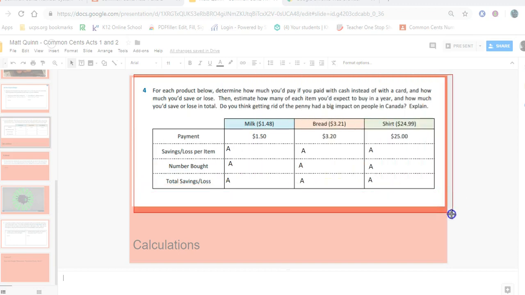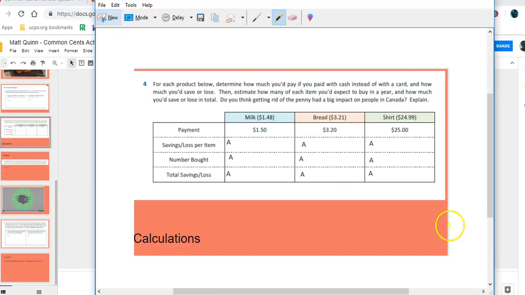Yesterday in class, we talked about these calculations, and we talked about what would happen if we got rid of our nickel, just like they did, our penny, just like they did in Canada. And we made statements like, what if we went into the store and we wanted to buy a half a gallon of milk, and that half a gallon of milk cost $1.48, but we brought cash and we only had $1.50 in our pocket.